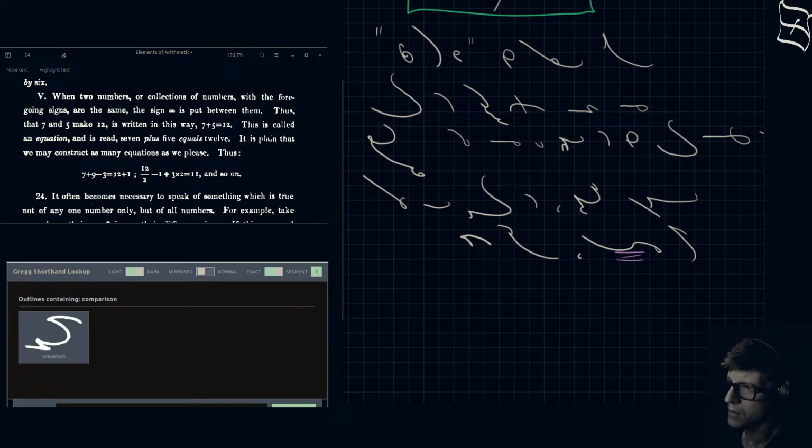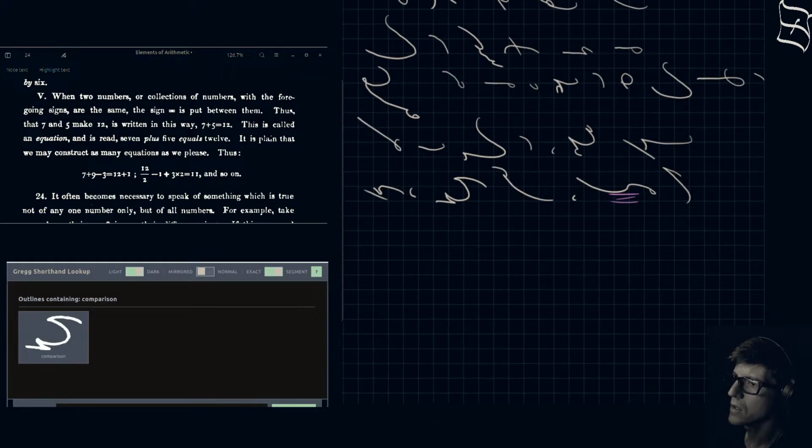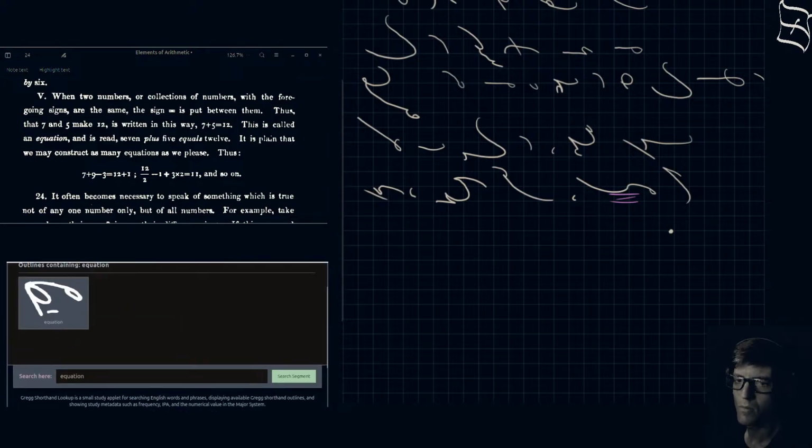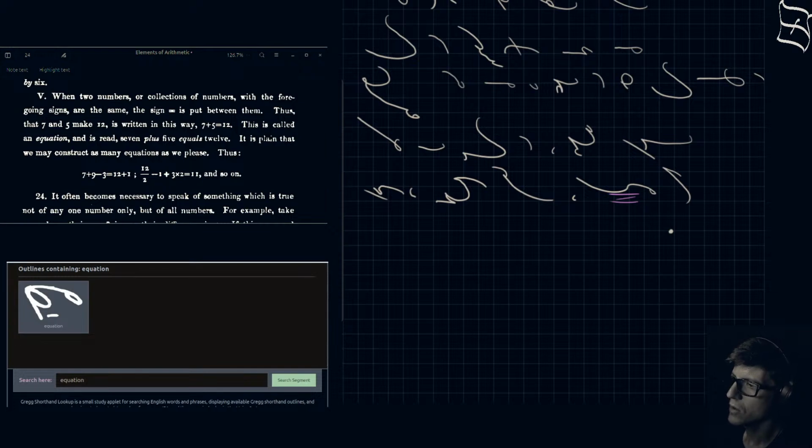And the comparison is called an equation. So let's look up equation. There we go. Is called an equation. We underline that.